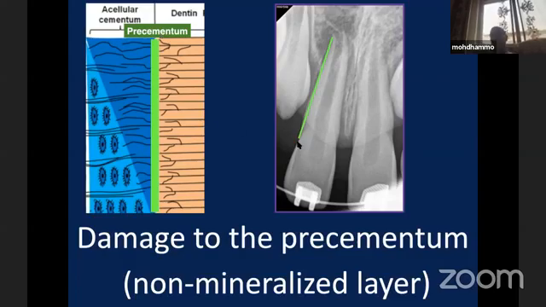Now, the tooth's outer surface is covered by pre-cementum, and this pre-cementum, which is a non-mineralized layer, will protect the dentine. So when we have a trauma, what will happen? It will damage the pre-cementum layer.